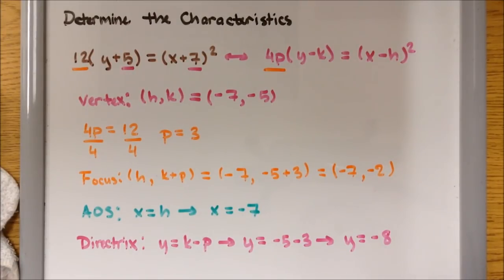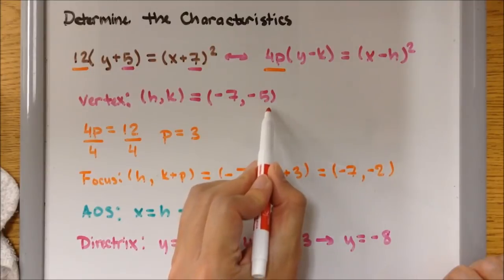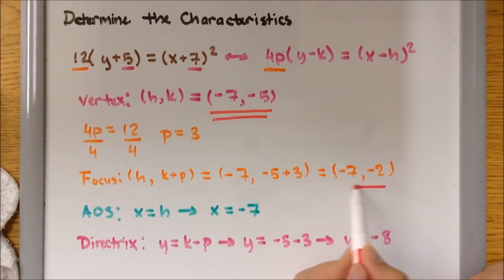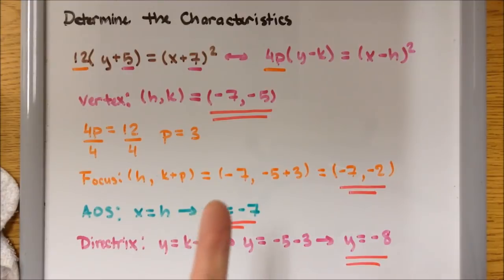So our vertex will be this, our focus will be this, the axis of symmetry, and the directrix. So those are the 4 components you would need when it comes to graphing. You'll be able to graph the vertex once you find the focus and the axis of symmetry, the directrix.